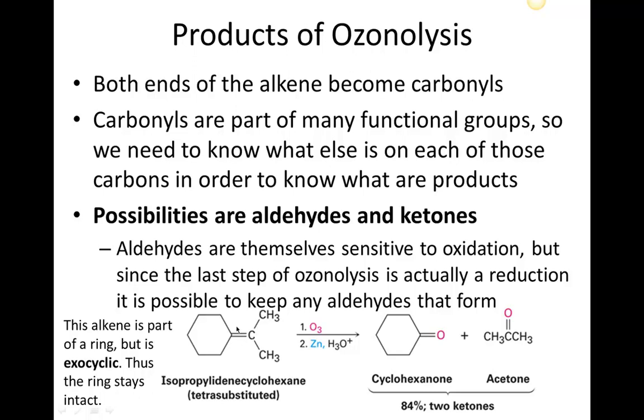So the product, when we make both of these carbons into carbonyls, is that we're going to make two different ketones. Now you notice that they've turned this, kind of turned it from the way it was oriented in there. But we get two ketones out of that. And so here's the short version of writing this down: first ozone and then the zinc in aqueous acid solution.